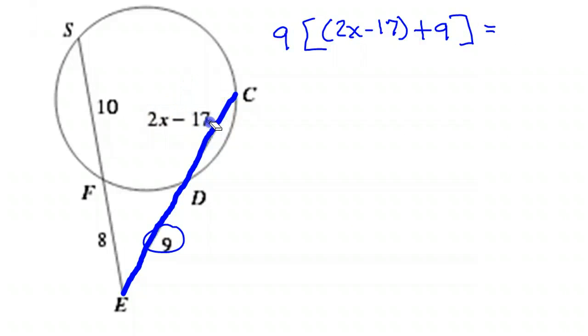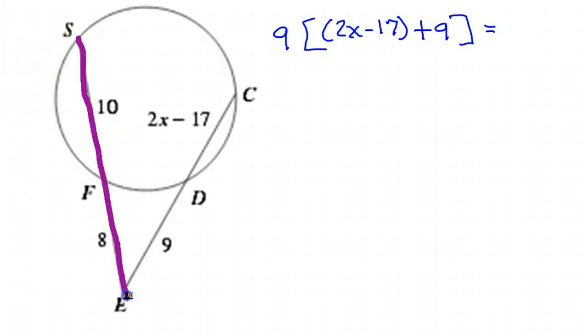Now, similarly for the other secant segment, we're dealing with this right here. For this, the part and the whole are much more straightforward. The outer part is 8, and the whole is 18, 10 plus 8.